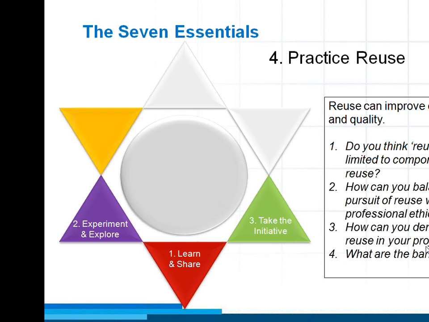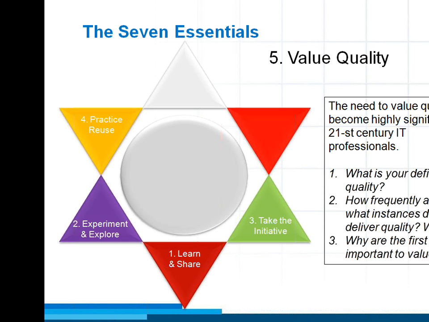Let me move on to the next point, which is about value quality. Because when you learn and share, when you experiment and explore, take the initiative and practice reuse, you must also value quality. It's about understanding quality from various dimensions.